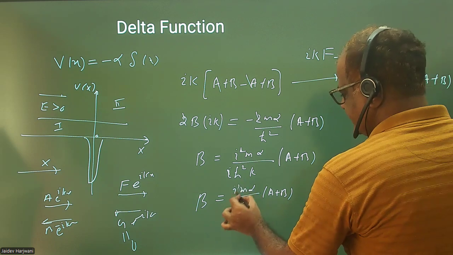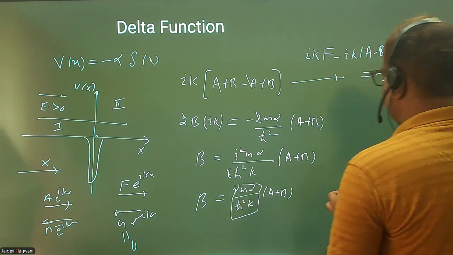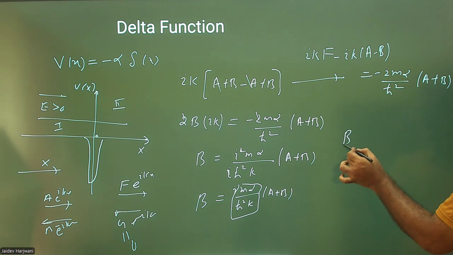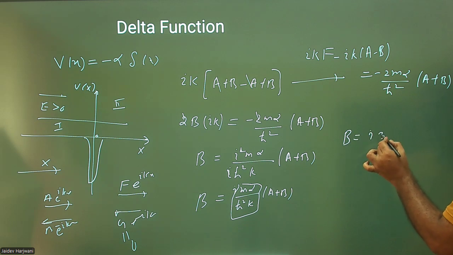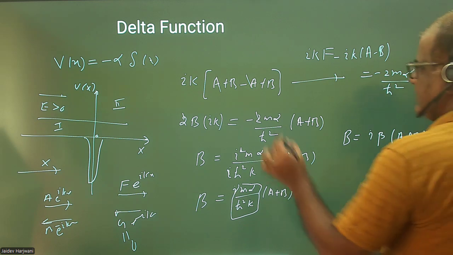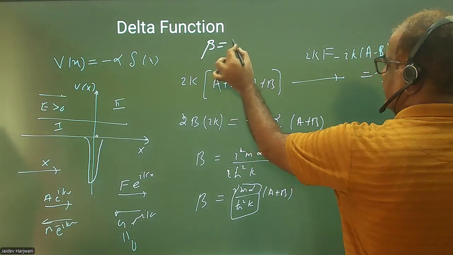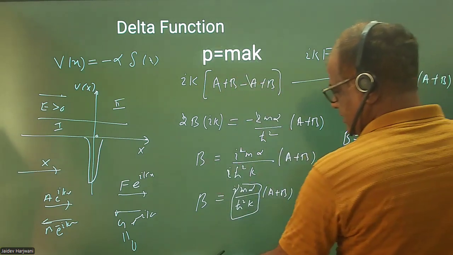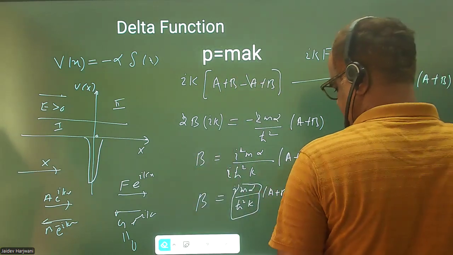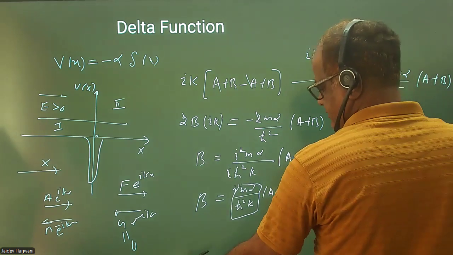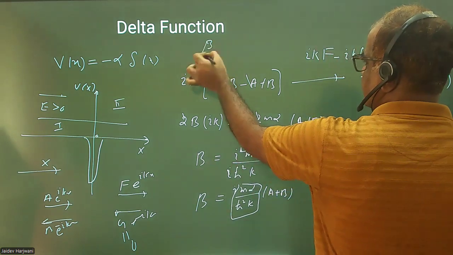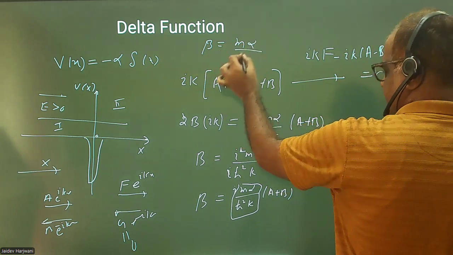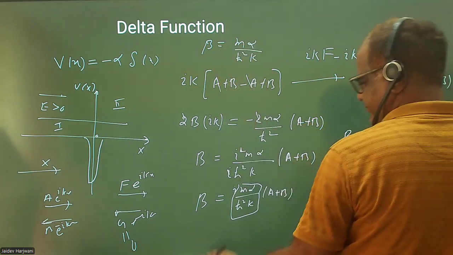Now I write this as a constant. So my b becomes iota beta times a plus b, where, you have to remember, beta is m alpha upon h cut square k.